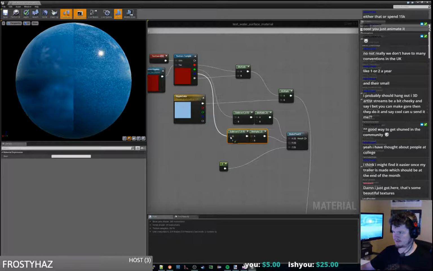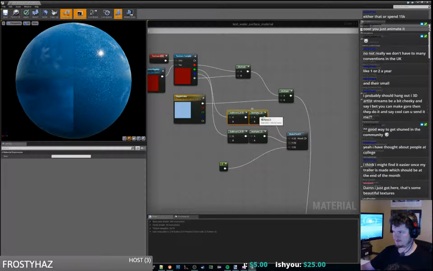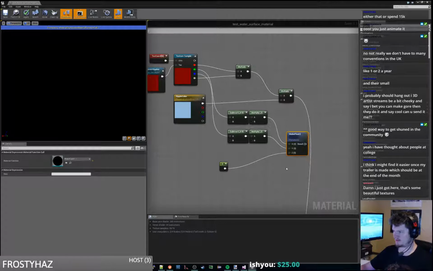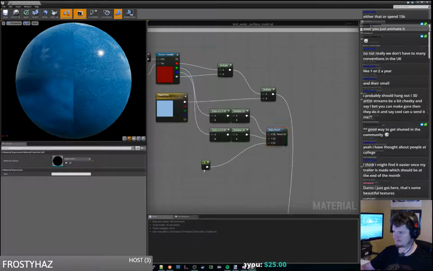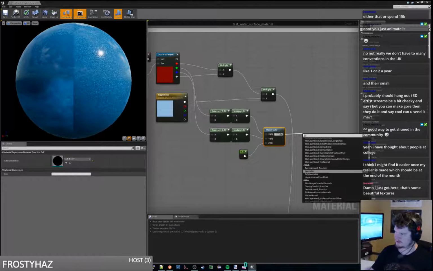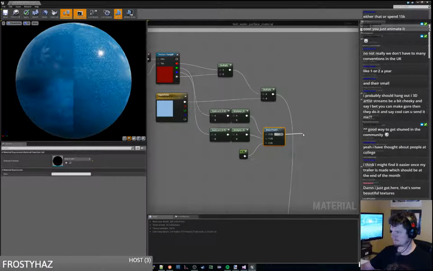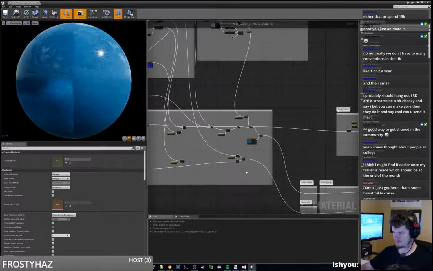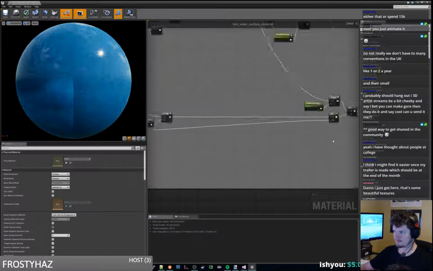So let's see if we can actually get this working here. This should be nothing because that texture doesn't even have anything in it, and this should be a constant 1. Alright, we're going to need to normalize this. And then that's going to be the normal that we add in, I think, down here.